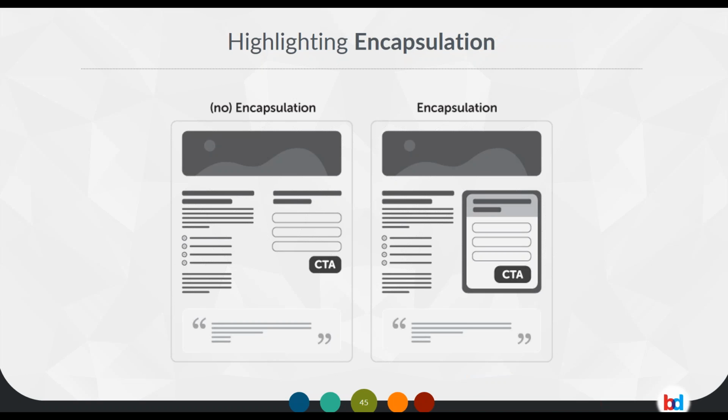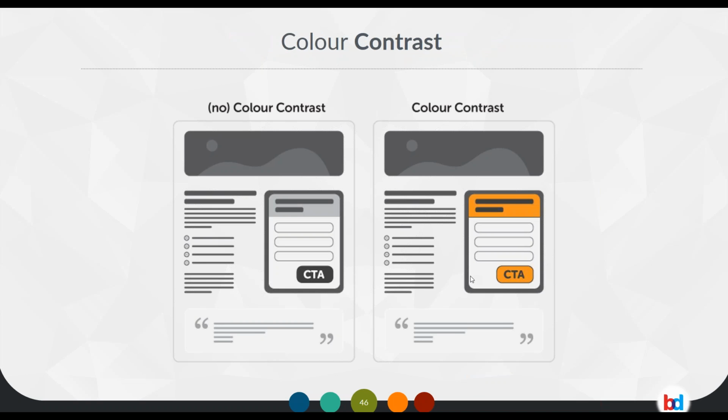And very closely related to the idea of encapsulation is the use of color and contrast. Obviously, if you look at the one that's orange, you might not even be able to read the rest of these 2 images, this one is more visually entertaining than this one.